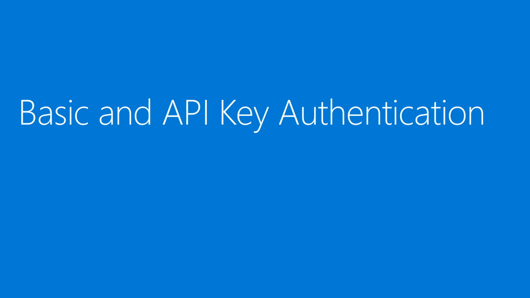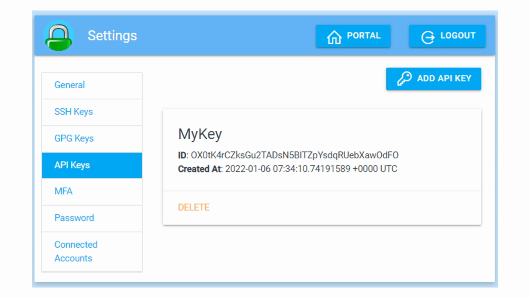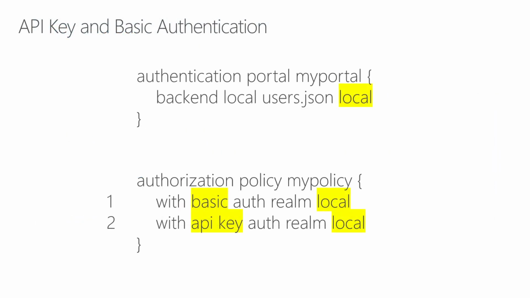Basic and API key authentication. A lot of times you would want to do authentication and authorization within the same transaction, so you don't want to go out. So in Authentication Portal, you can create a key by adding an API key that will be a long string. Then it's usually done with the local backend. Then you can use the authorize configuration directive with API key, auth realm local, so the realm name must match.